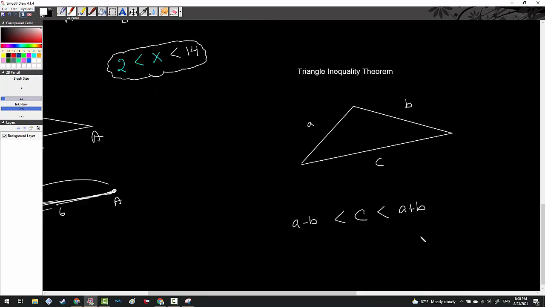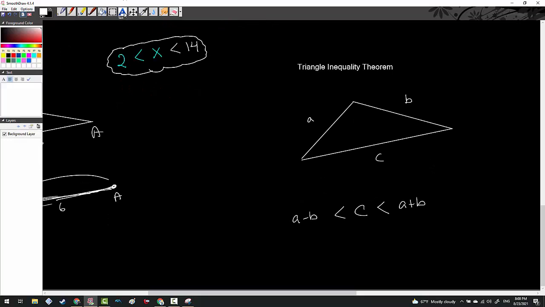Okay? So let's write that down. The third side of a triangle must be larger than the difference of the other two sides and smaller than the sum of the other two sides.